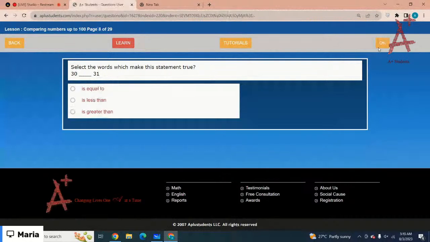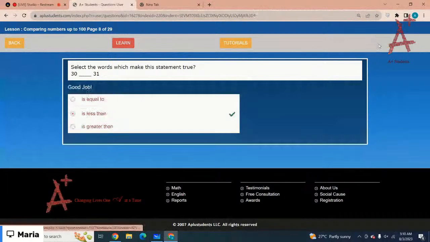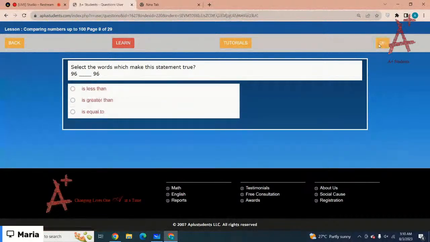Yes, 30 is less than 31. The correct option is less than. Okay, select the words which make the statement true. 96 and 96.